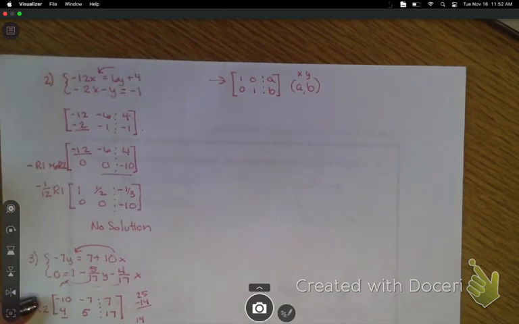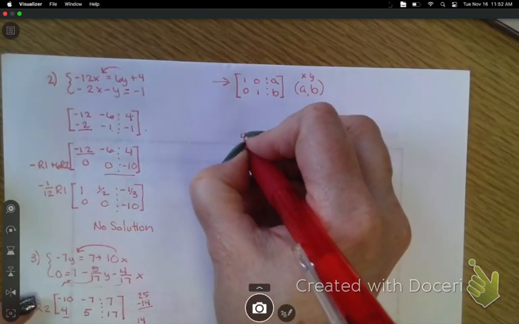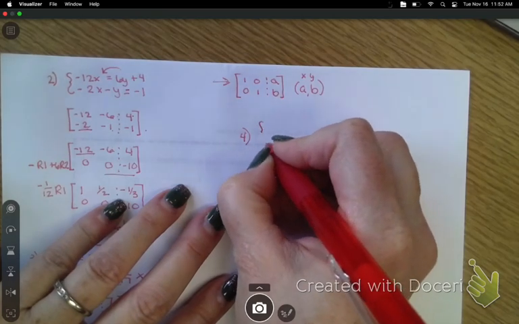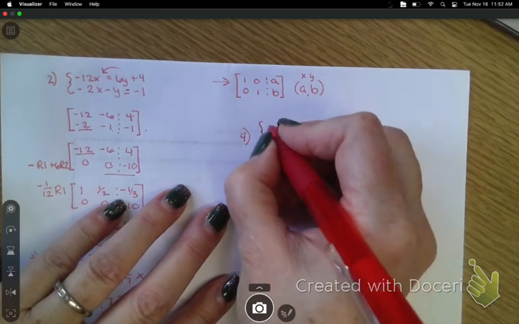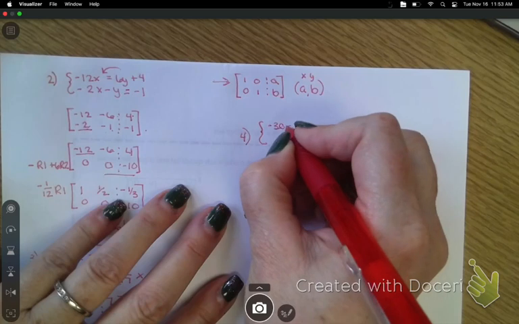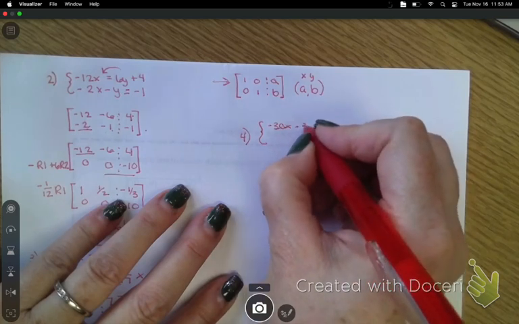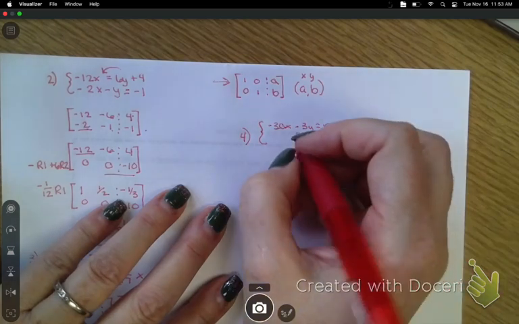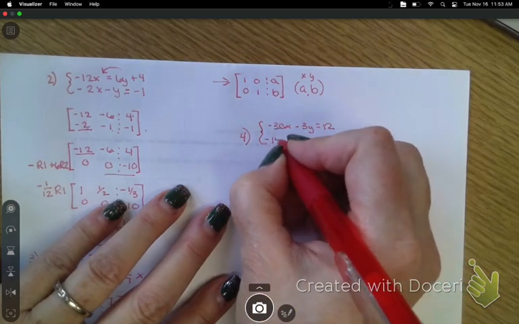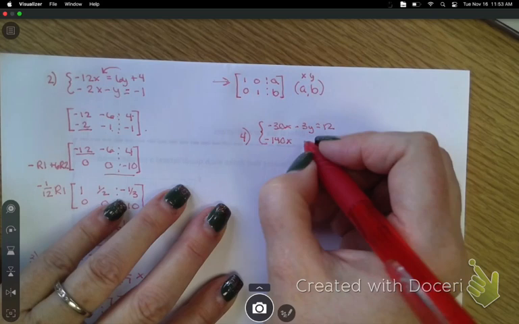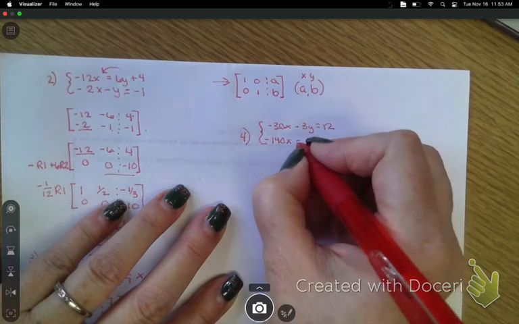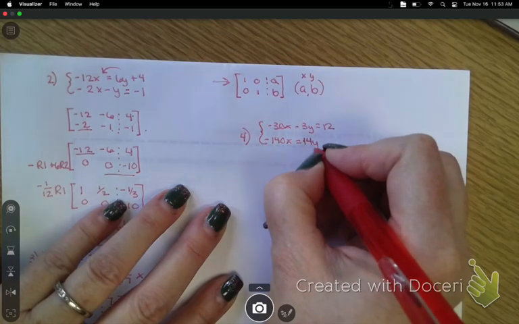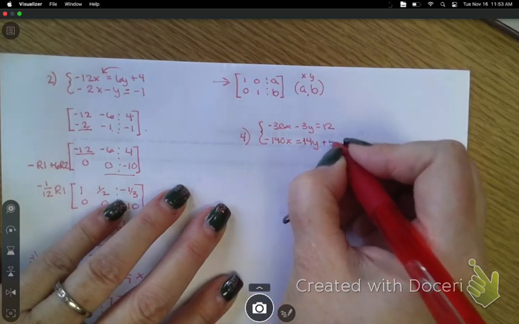Okay, the next problem we did in class is problem number 4. So I have -30x minus 3y equals 12. And -140x equals 14y plus 56.